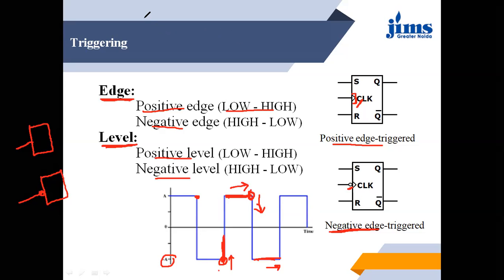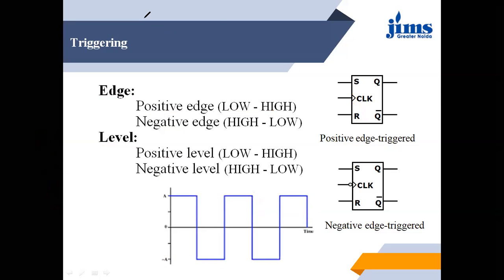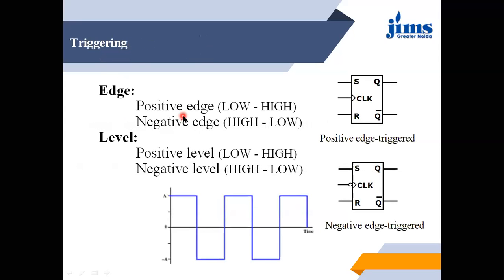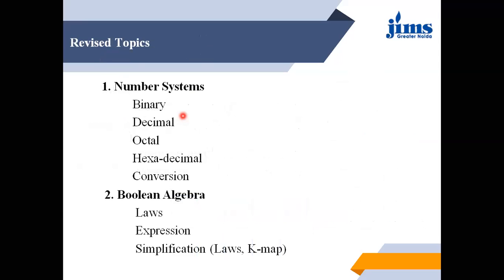But the mode decides how the value is going to be changed in the flip-flop. These are the transfer modes. It tells what is the way in which the value is going to be changed, and triggering decides when the value is going to be changed.